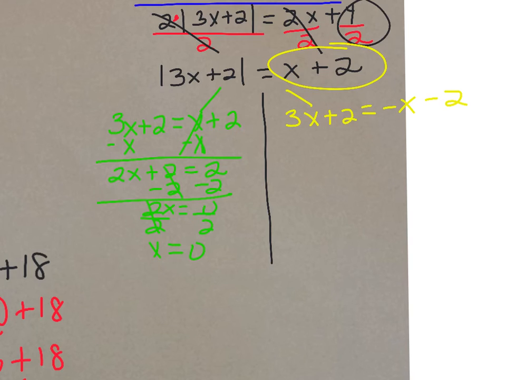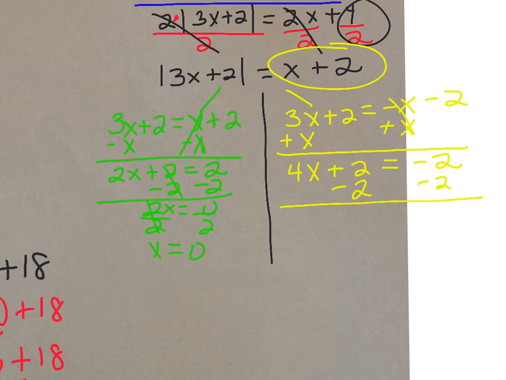All right, in the yellow, I'm going to add x. 3x plus 1x is 4x plus 2 equals negative 2. Minus 2. 4x equals negative 4, negative 2 minus 2. Divide by 4, x equals negative 1.